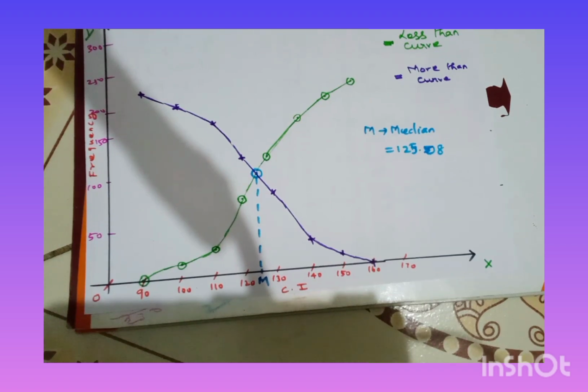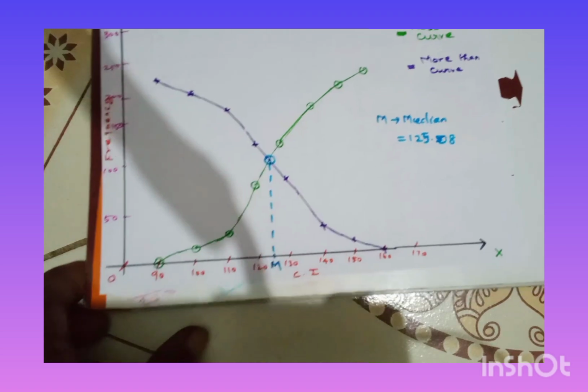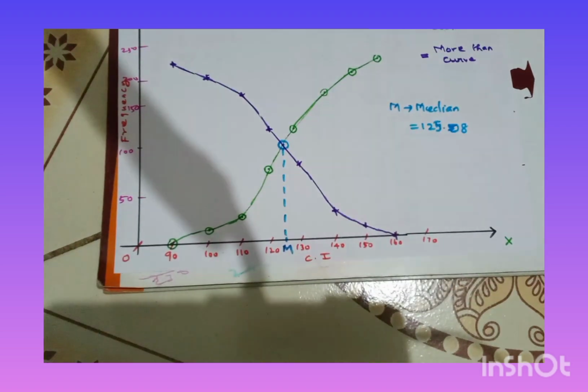From the intersection point, draw the perpendicular line which touches the x-axis. That particular point is called the median of the curve. In the diagram it touches between 120 and 130, approximately. We have to calculate the exact median value.